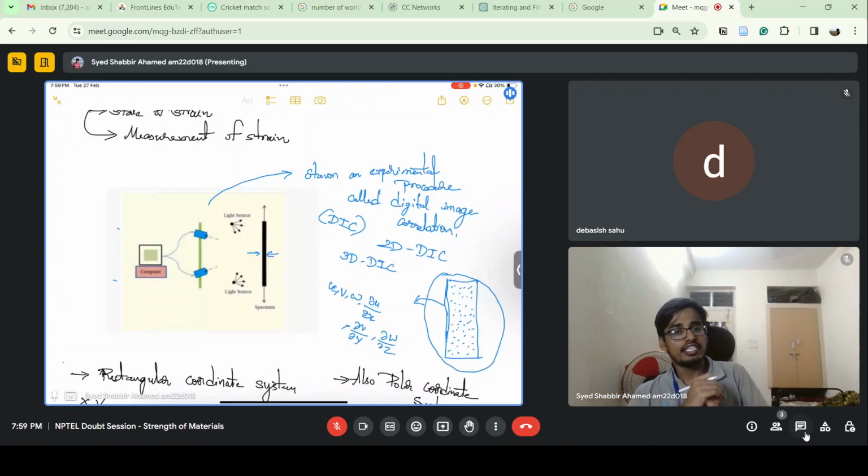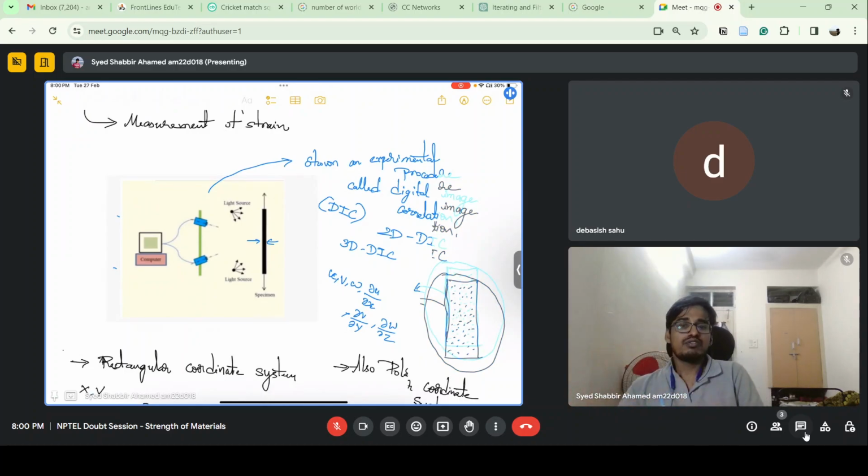Comparing all that, we calculate the displacement and the displacement gradient. If you have seen the last lecture, the displacement gradient can be decomposed into two components: a rotational tensor and a strain tensor. Using the strain tensor, we can get the state of strain at that point.